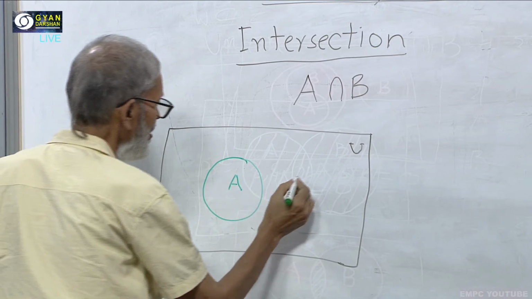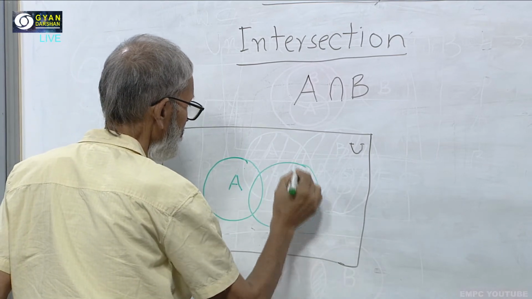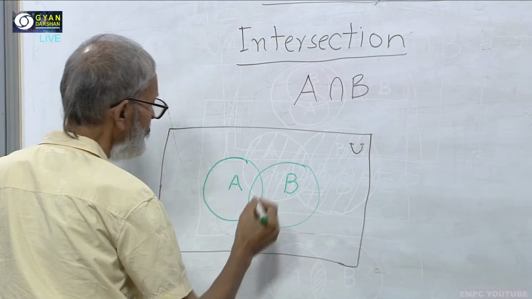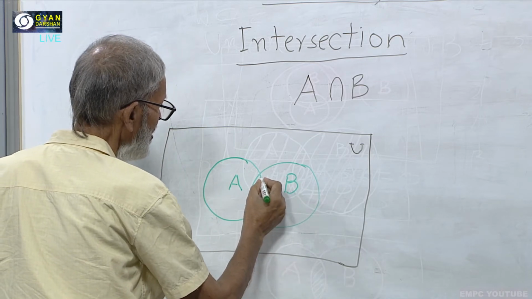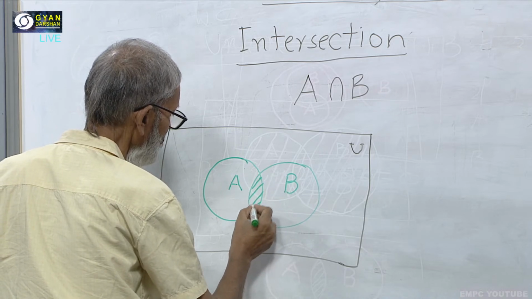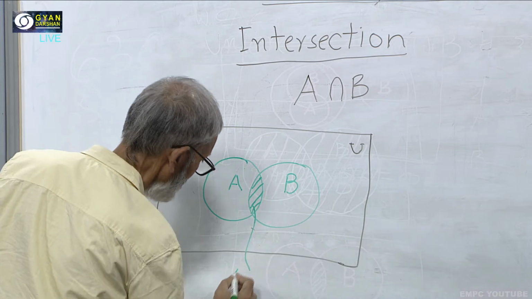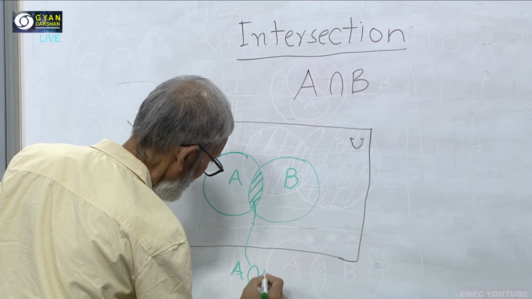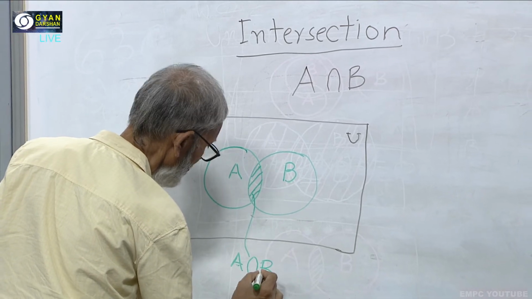This is set A. This is set B. So, the common area is this one. So, this is called A intersection B.